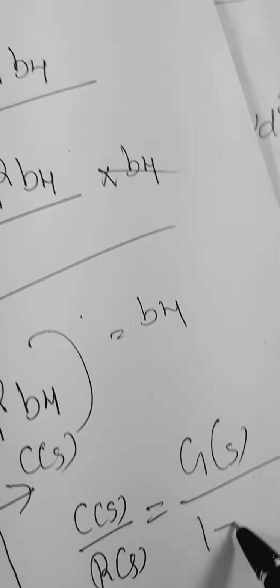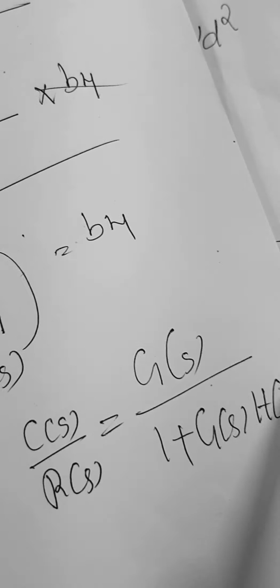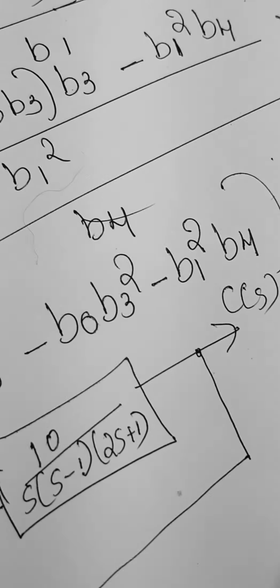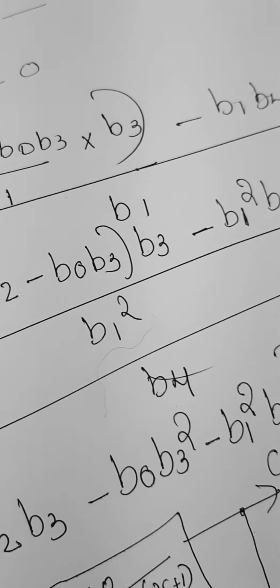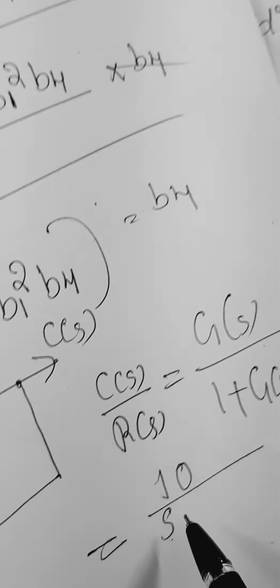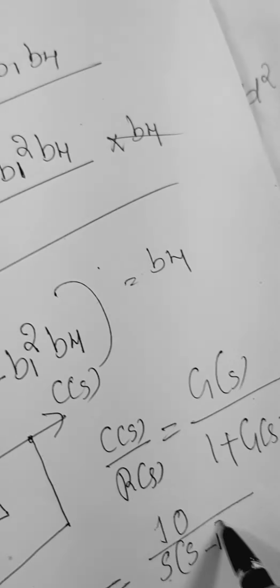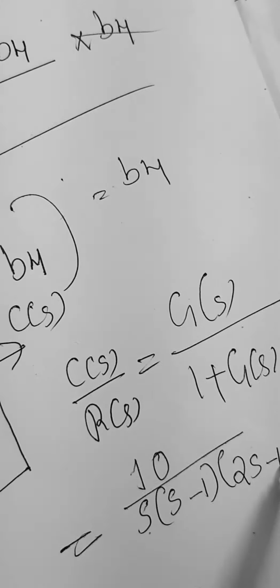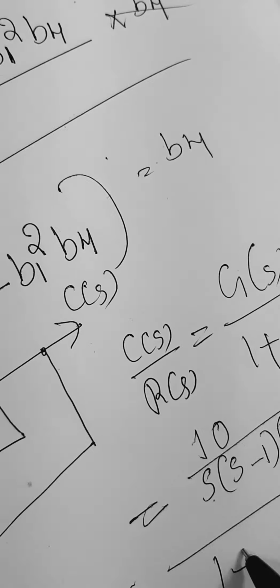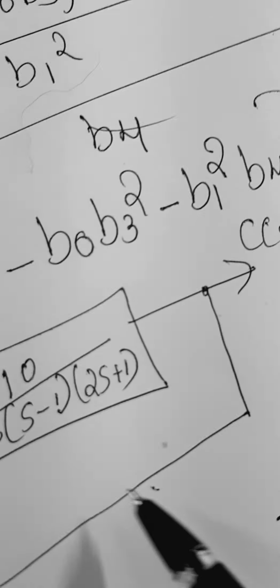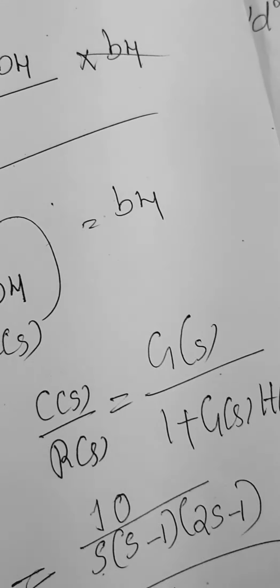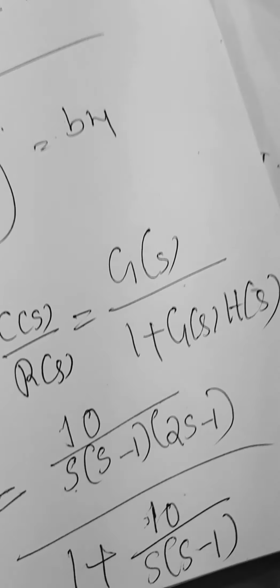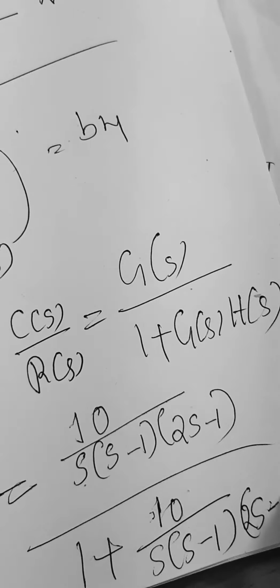So G of S is nothing but 10 divided by S into S minus 1 into 2S minus 1, divided by 1 plus G of S into H of S. H of S is here 1. There is no block here, it is considered as 1. So you are getting it as 10 divided by S into S minus 1 into 2S minus 1.